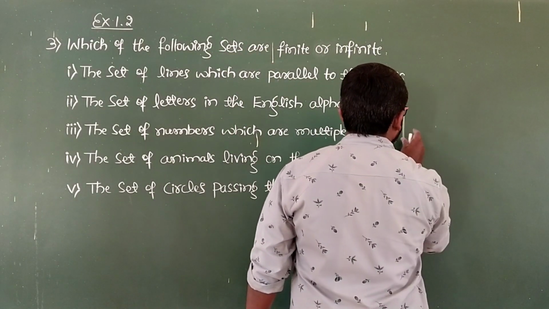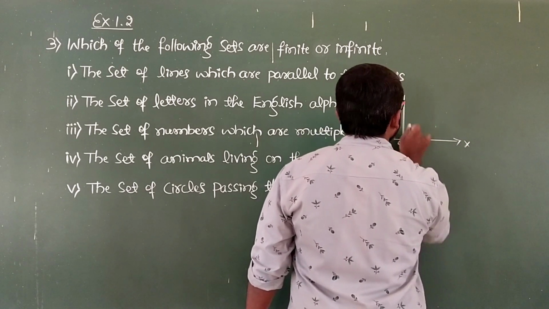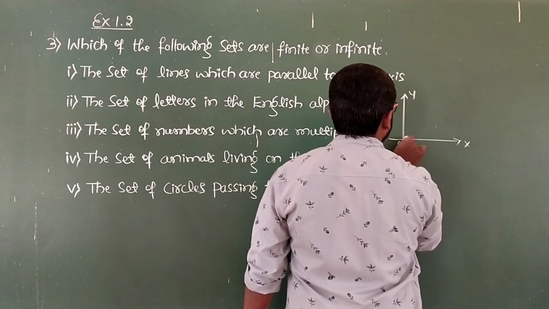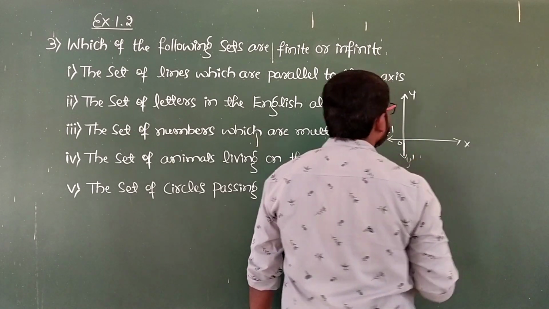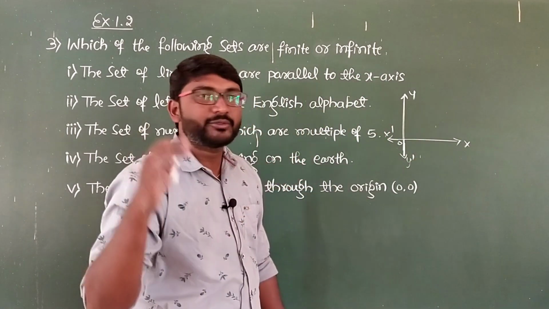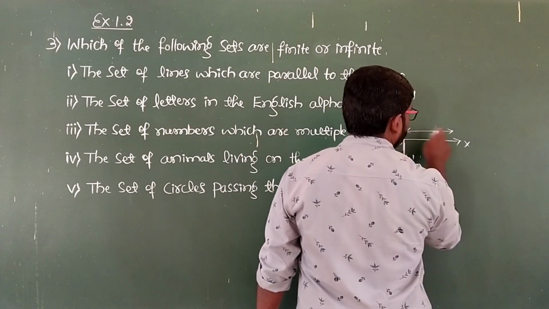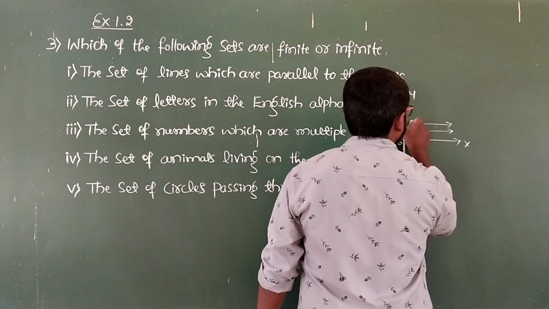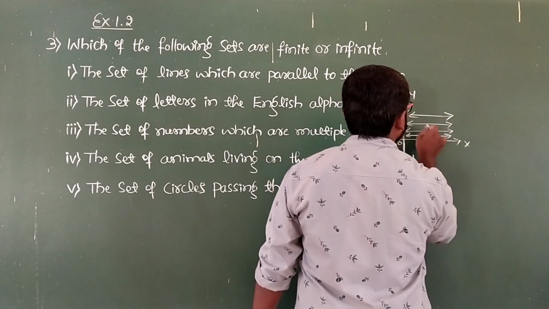If we take the xy plane, x, O, y, this is x dash, this will be y dash. Now the set of lines which are parallel to the x-axis, that means you can draw a line here. This is also a line parallel to the x-axis, and this is also. Here also a line parallel to the x-axis.